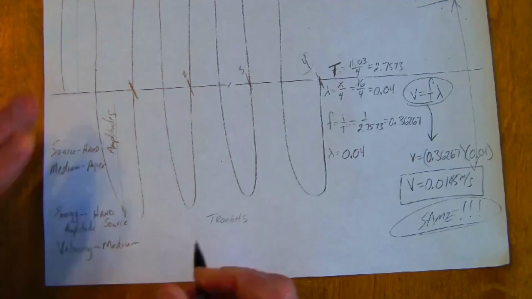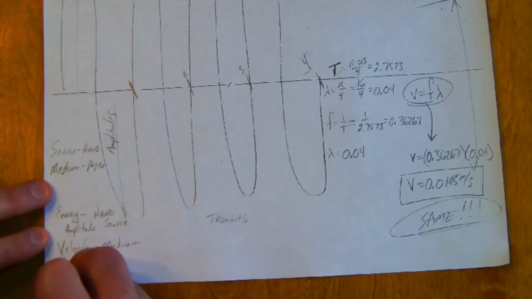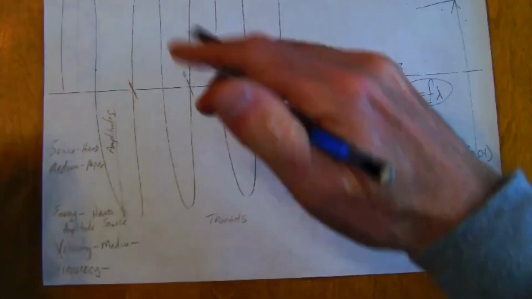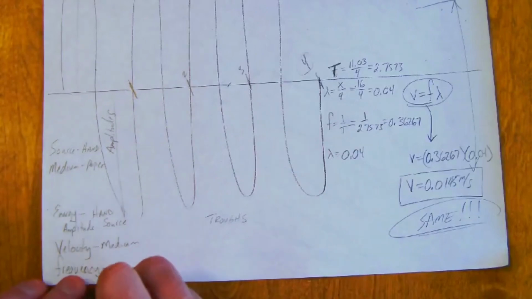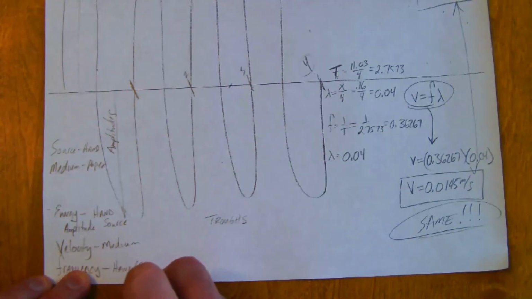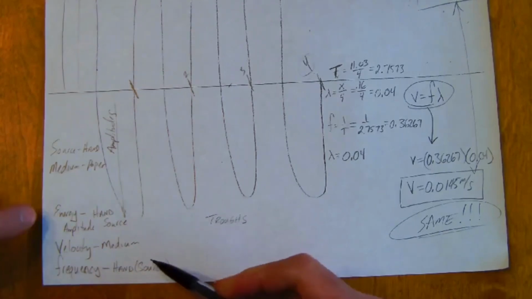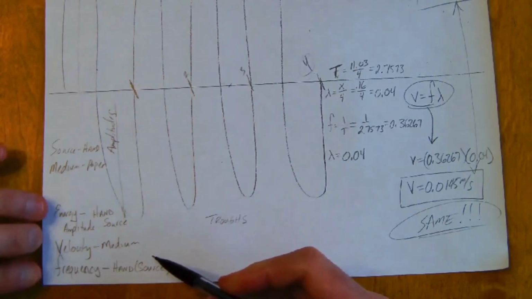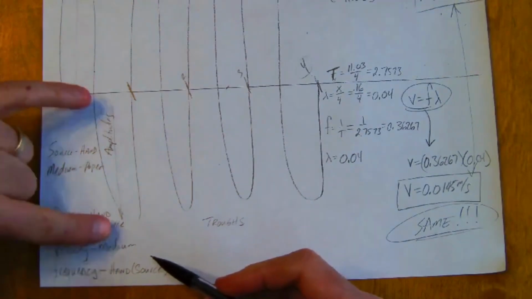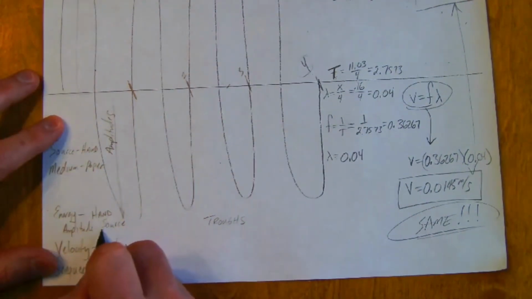And then the last thing we talk about is the frequency. How often does the wave go up and down? Is that dependent on the paper or is that dependent on my hand? We would say that that is dependent on the hand, which in this case is the source. So when we talk about the different properties of the wave, we can say what causes those properties. The energy, which is the amplitude, is caused by the hand, which is the source.